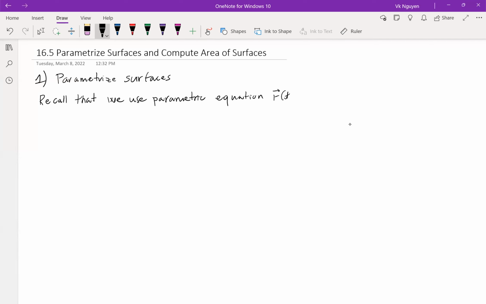r(t) to describe a general curve in R2. For surfaces in R3, instead of r(t), it's going to be r(u,v).